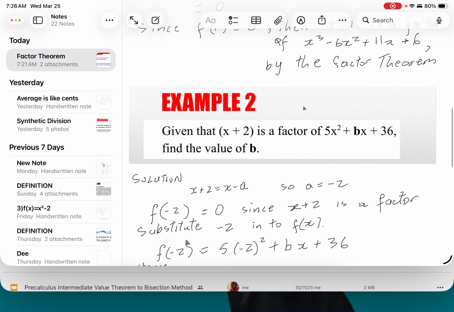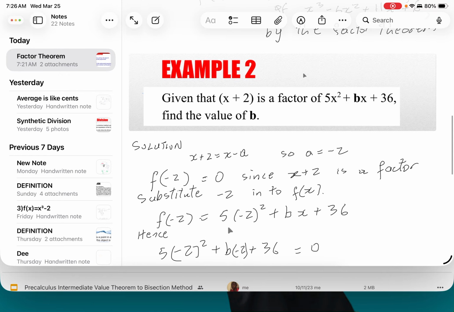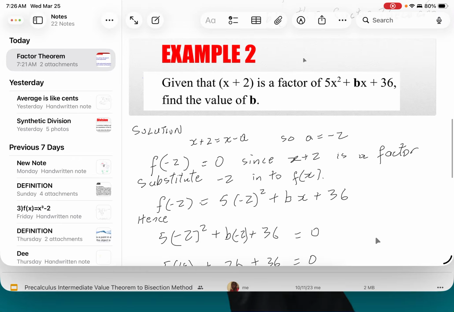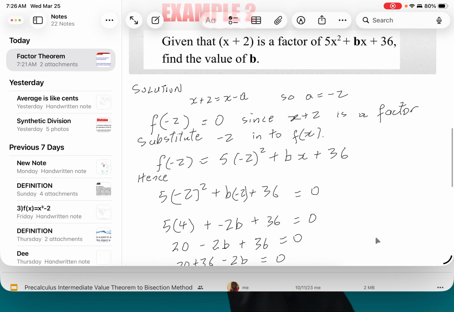But we know that f of negative 2 was equal to 0. So then this trinomial here, 5 times negative 2 squared plus b times negative 2 plus 36, is equal to 0. We should have substituted the negative 2 up here as well, so up here should be b times negative 2, but that's fine. We did it here. And then we're going to simplify and solve for b.